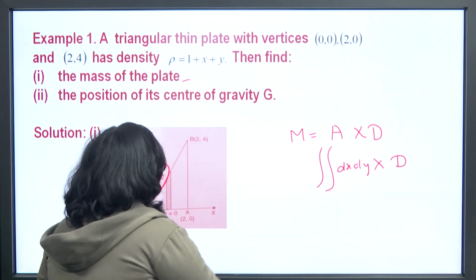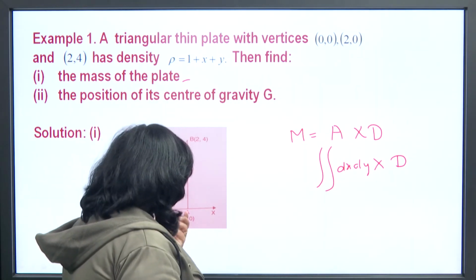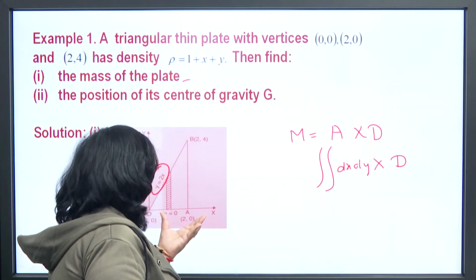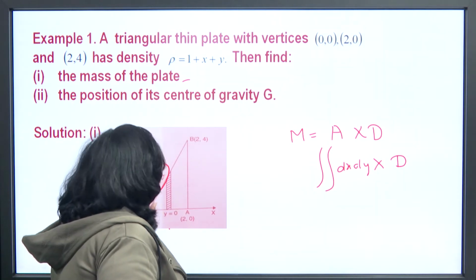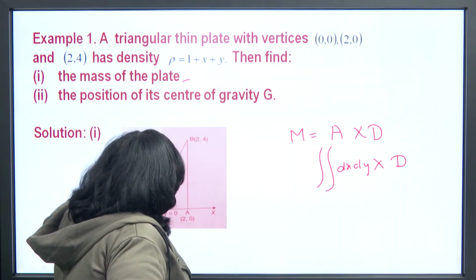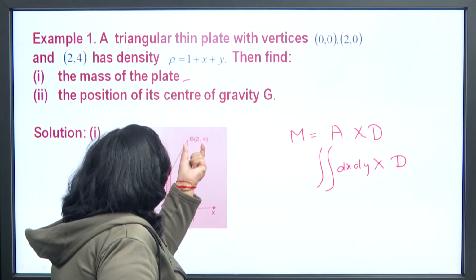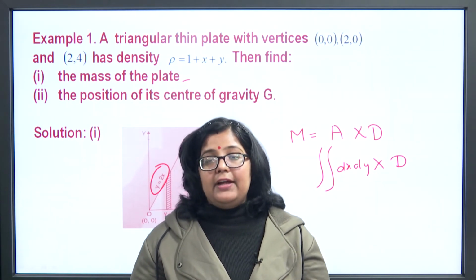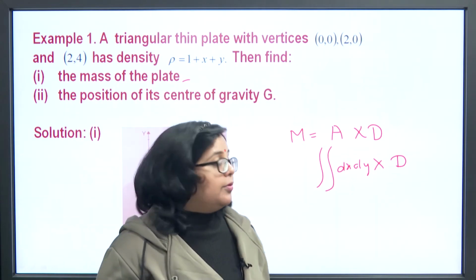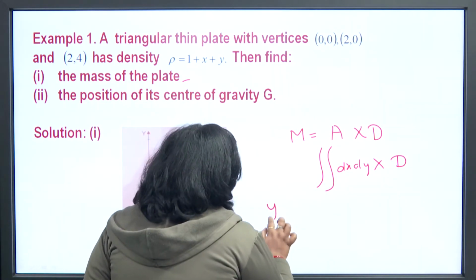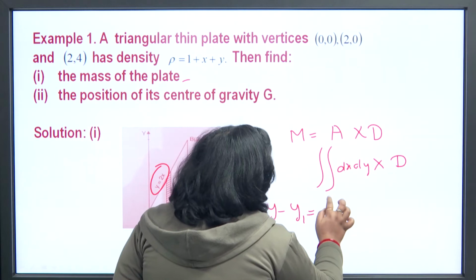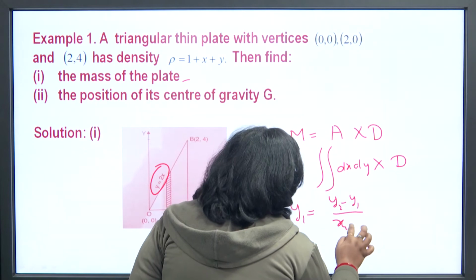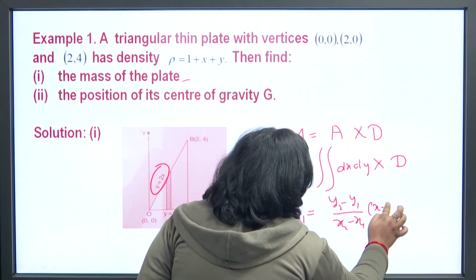Here we write y equal to 2x, and how do we find this? The equation of the line OA, the x axis, is y equal to 0. This is obvious, but how do we get y equal to 2x? Here are the two points (0, 0) and (2, 4). If we have two points, the equation of the line is y minus y1 equal to (y2 minus y1) upon (x2 minus x1) times (x minus x1).